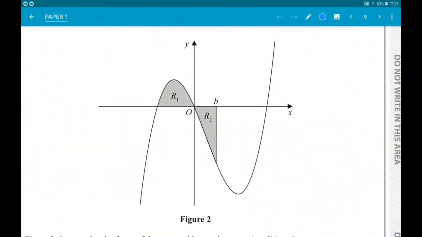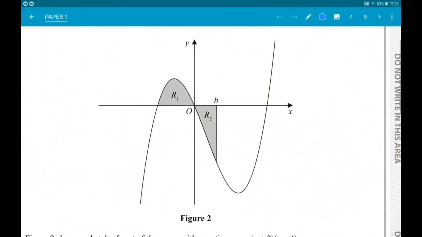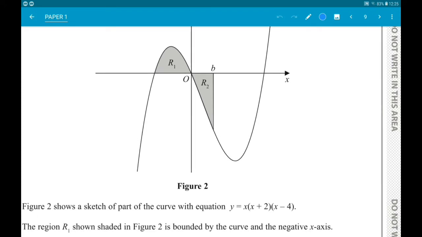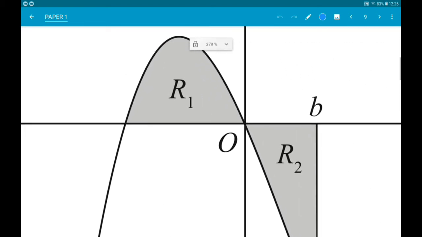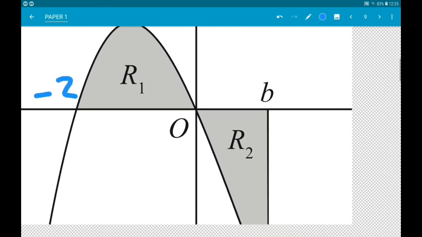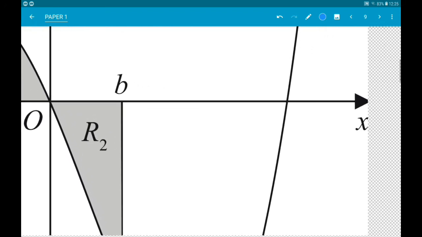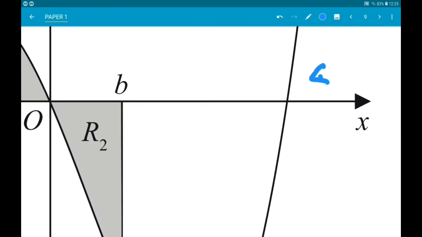Okay, number 8. So we have this curve which is y is x times x add 2 times x minus 4. So straight away we can put on this point minus 2, 0 in the middle, and then 4 over here.